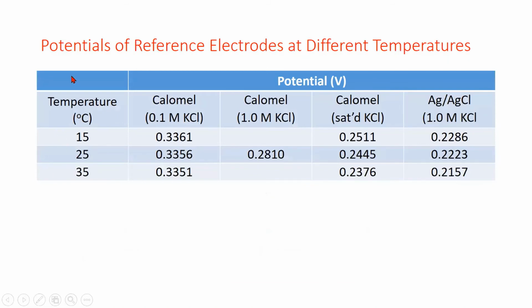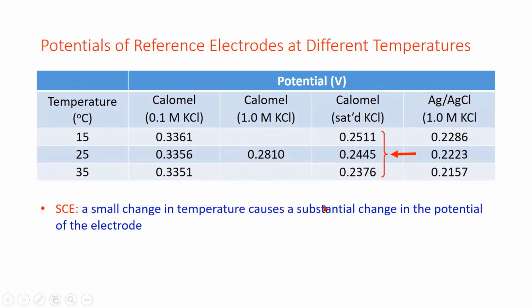This table shows potential of reference electrodes at different temperatures. If we compare for the saturated calomel electrode, a small change in temperature causes a substantial change in potential of the electrode.